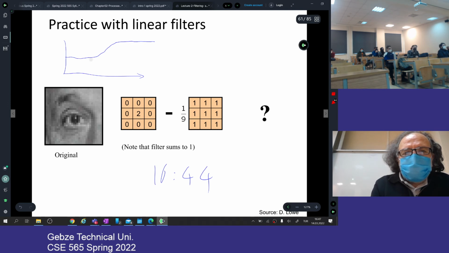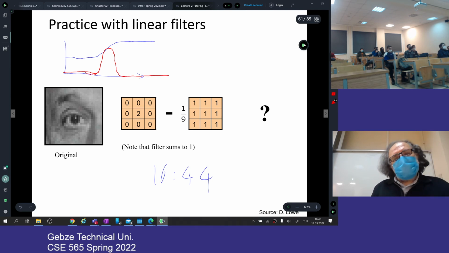For this part, the derivative would be all zeros, right? But for this part, it will be increasing and coming back and doing this.